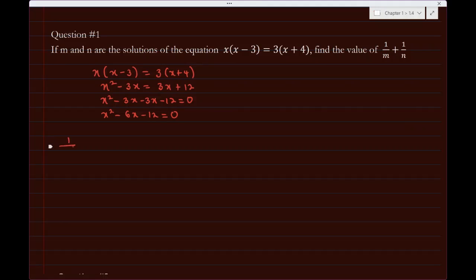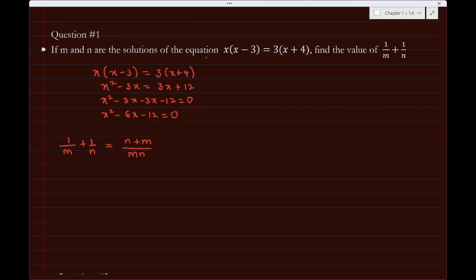What do we need actually? We need 1 over m plus 1 over n. And this, you can take the LCD as mn, and this will become n plus m over mn. But what does n plus m represent? It represents the sum of the solutions, and m times n represents the product of the solutions.